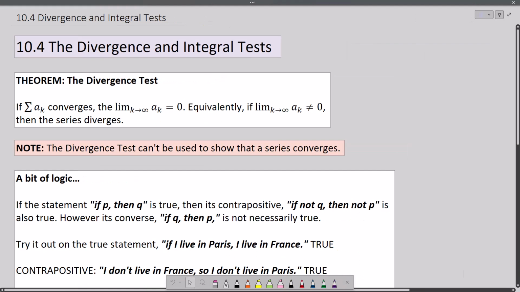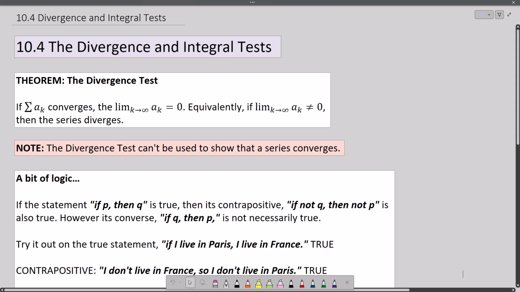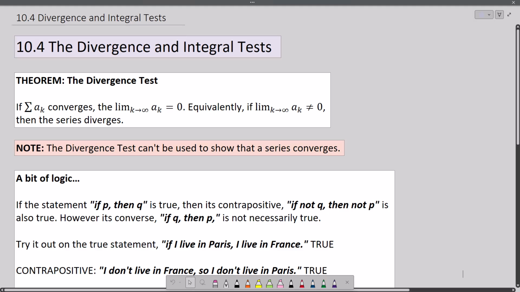Okay, first test, which is probably the most important test just in terms of scaffolding all the other tests. This test is called the divergence test. First and foremost, you cannot tell if a series converges with the divergence test.